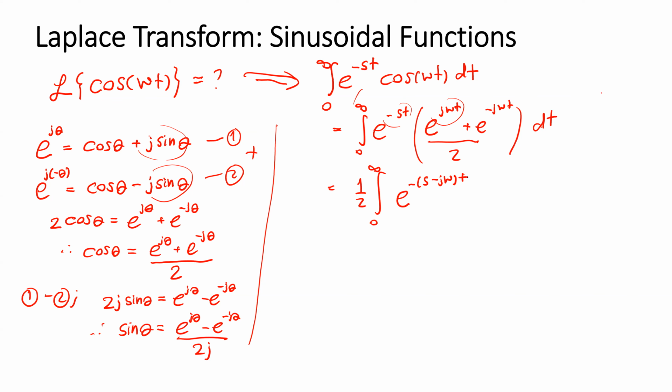E power minus (s minus j omega) t dt, and the second integral is going to be e power minus (s plus j omega) t dt.